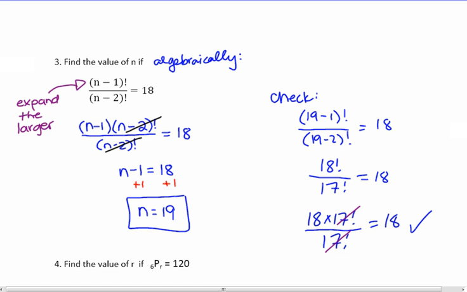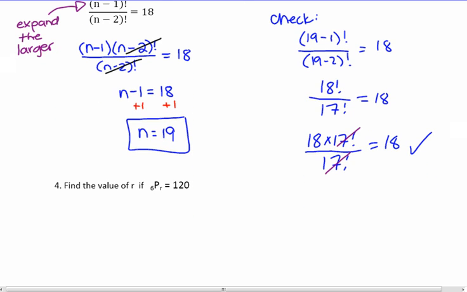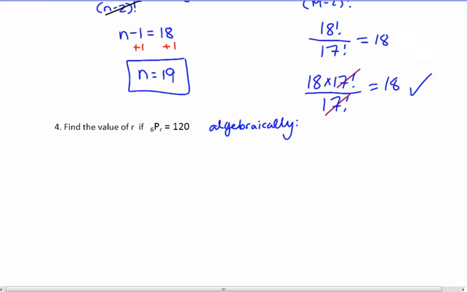Okay, let's try this one algebraically. How do you think we'd start this if I wanted to solve this algebraically? What would we have to change right off the bat to a different form? Okay, yeah, 6PR. We need to use our formula.